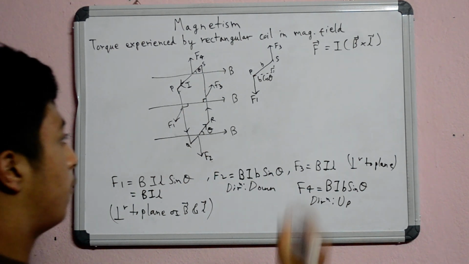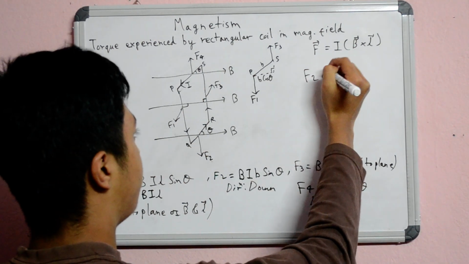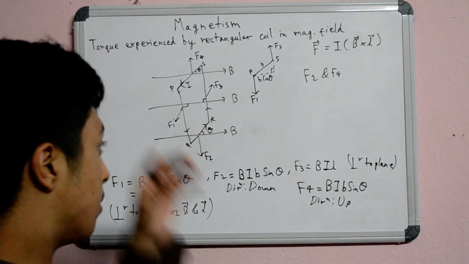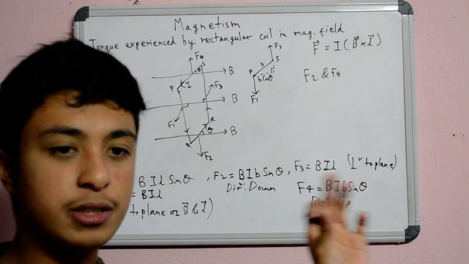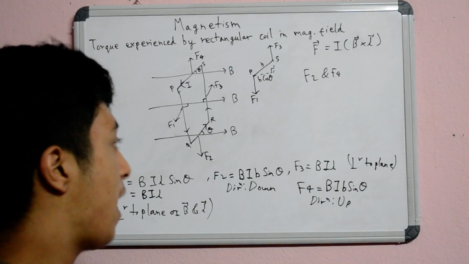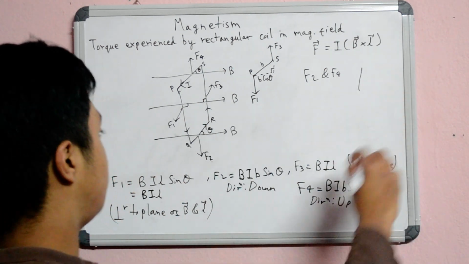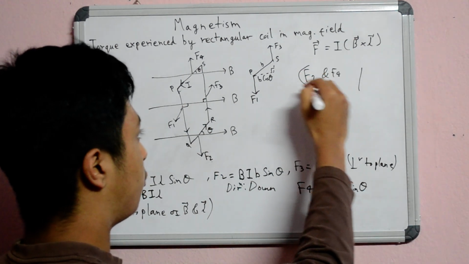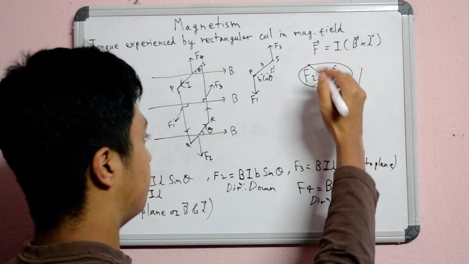Now we have force F2 and F4. They are equal in magnitude, but opposite in direction, acting in the same line of action, which is this vertical line. So hence these forces cancel each other.